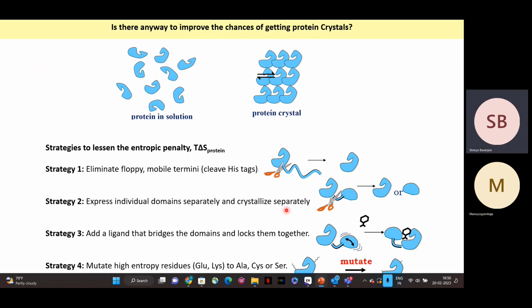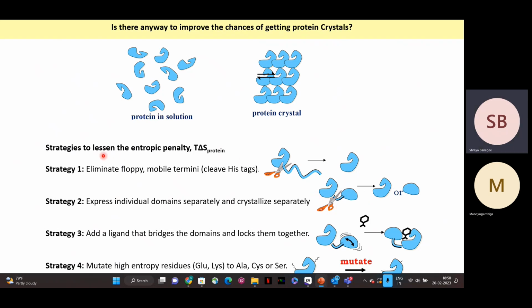Another thing you can do is you can take individual domains separately and crystallize them separately. If you remember hemoglobin, it had 4 domains, like 2 alpha and 2 beta domains that came together to form hemoglobin. So you can separately crystallize the alpha domains and the beta domains and then put them together to form the net quaternary structure of the protein.